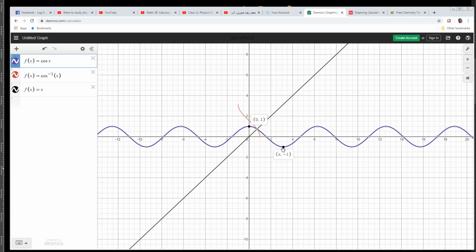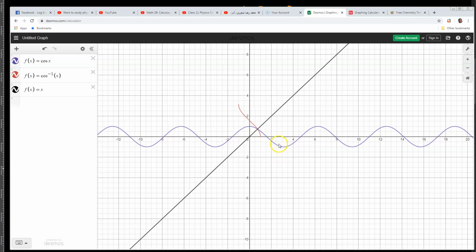If I find the image of this point (0, pi, -1) through this line, I will get (-1, pi), which is this point over here.